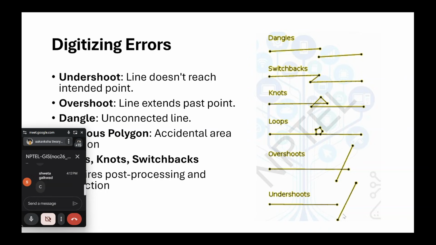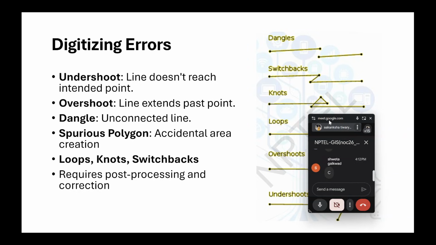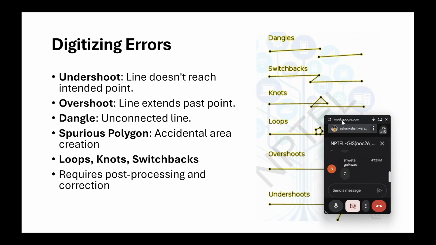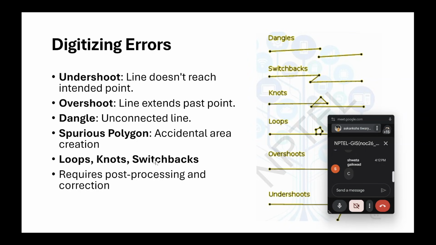So this is called an undershoot. Overshoot is when it is extending past the point. Okay, then dangle is an unconnected line. Then we also have some knots, then switchbacks, loops. So these are different types of digitizing errors that you can introduce, and they require post processing or correction.